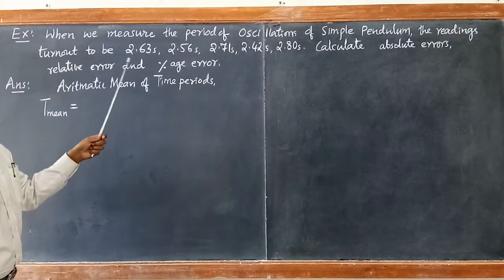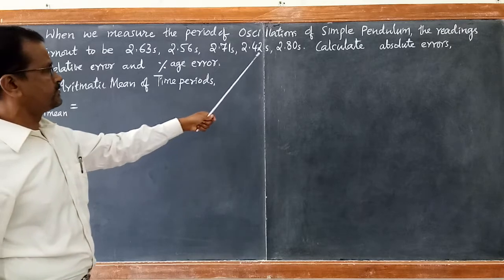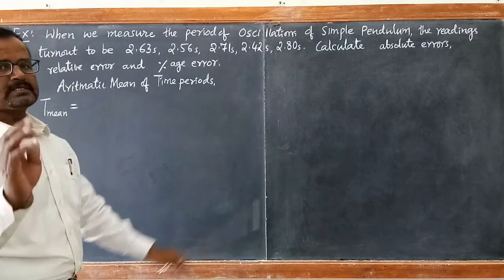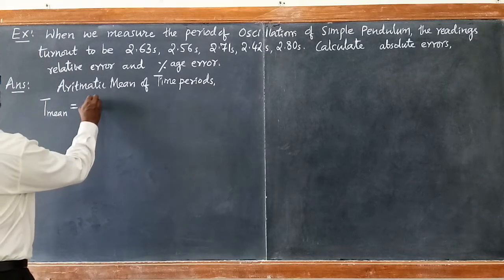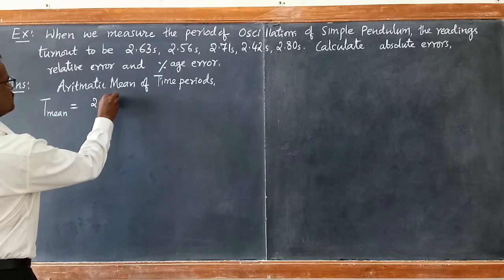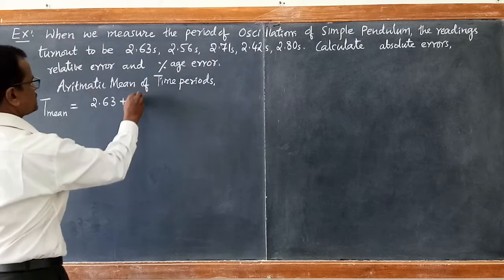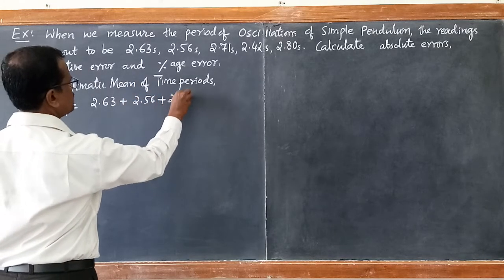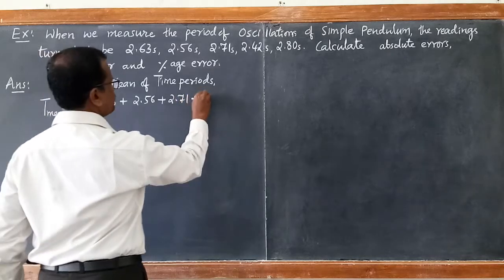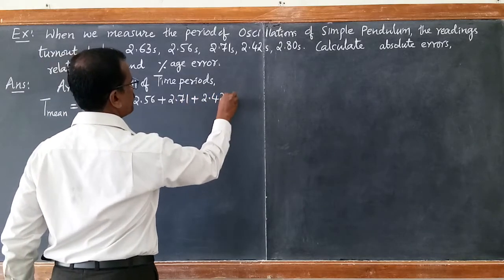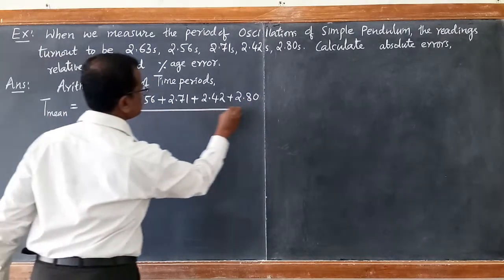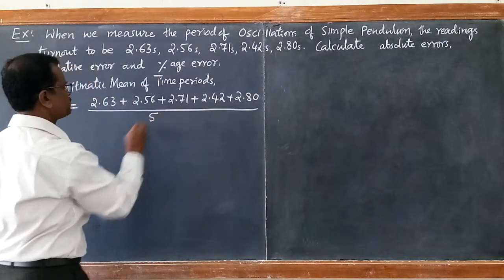So we have to take the sum of T1, T2, T3, T4, T5 and divide it by the number of observations. Number of observations is 5. So you have to just add 2.63 plus 2.56 plus 2.71 plus 2.42 plus 2.80, all divided by the number of observations, 5.